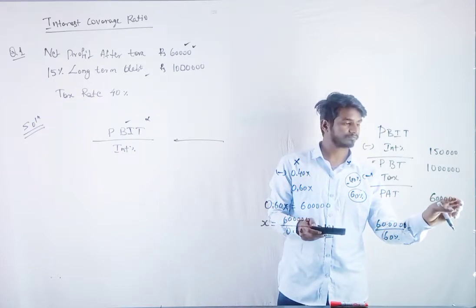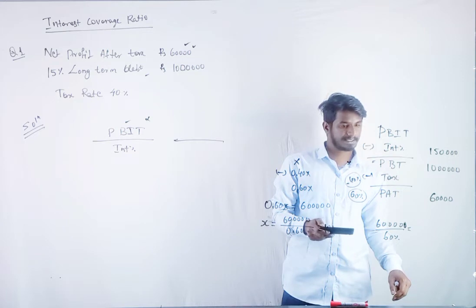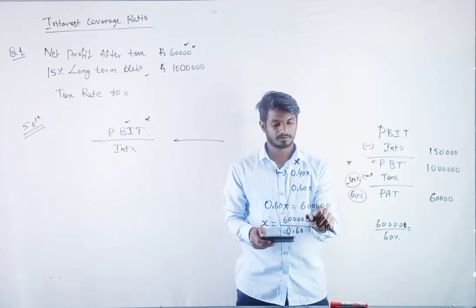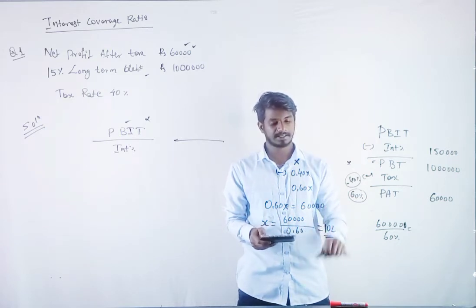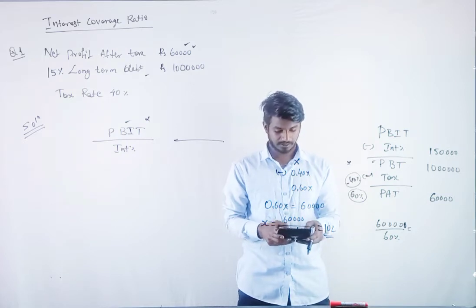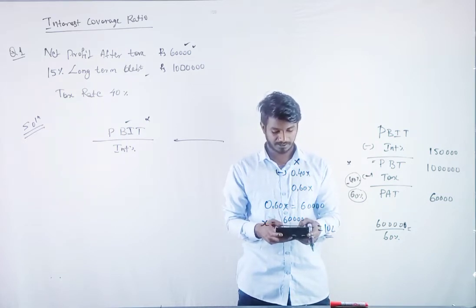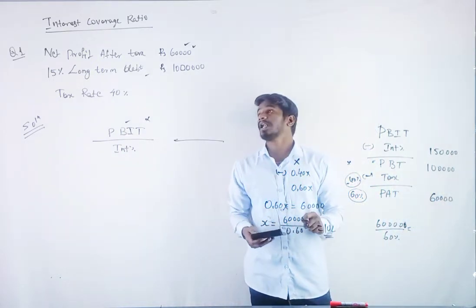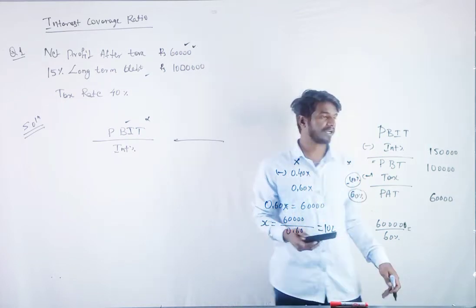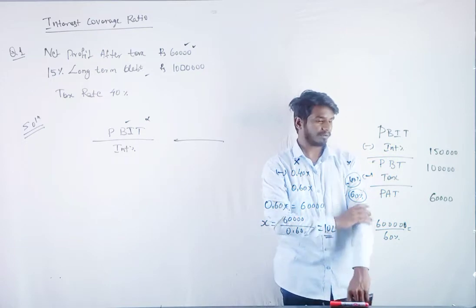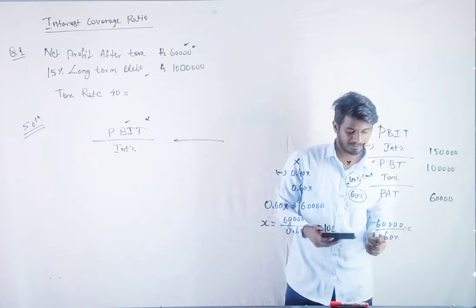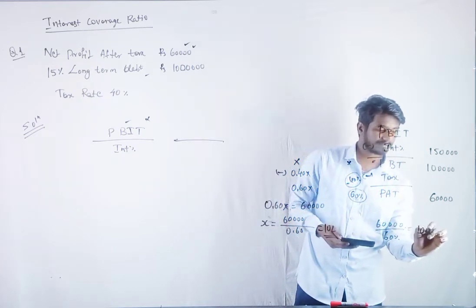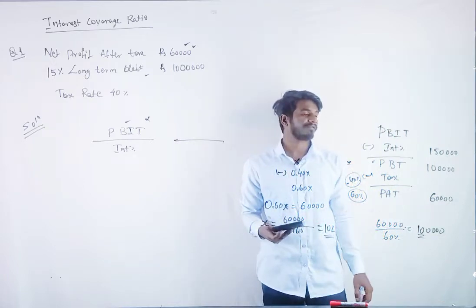Profit after tax is 60,000, not 6 lakhs, right? 60,000 divided by 0.6 is 1 lakh. If you do 60,000 divided by 60%, it comes out straight away 1 lakh. Is that right? Okay, fine.